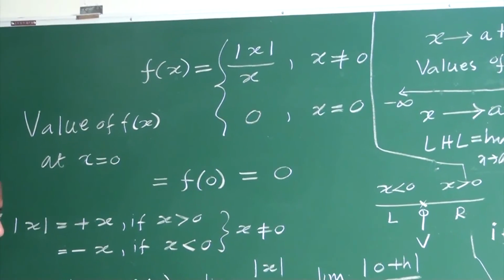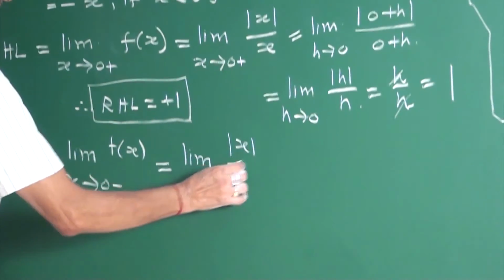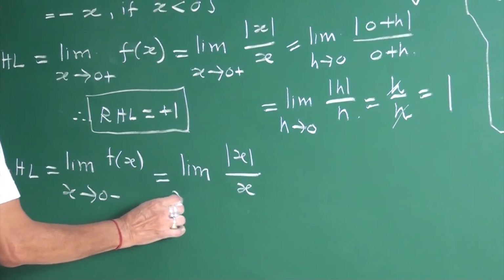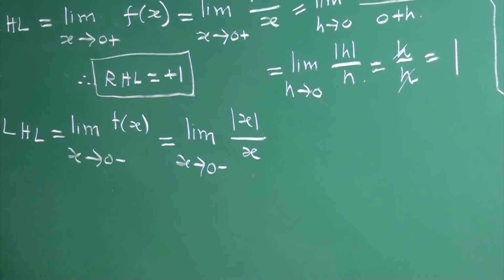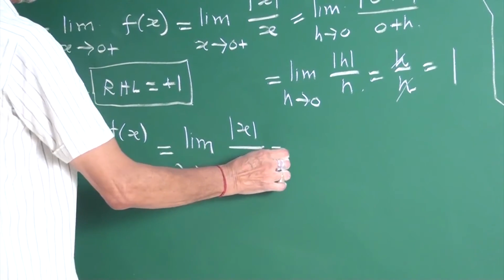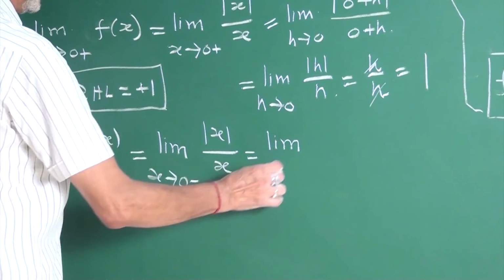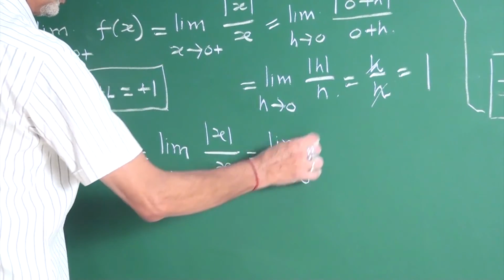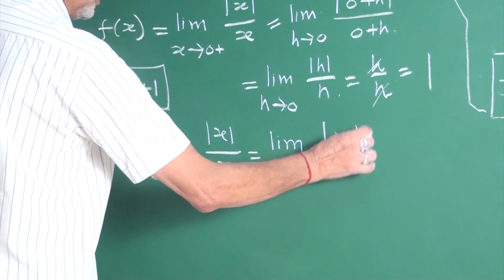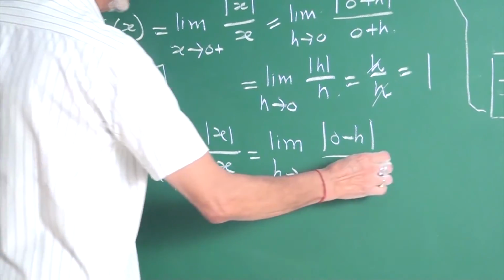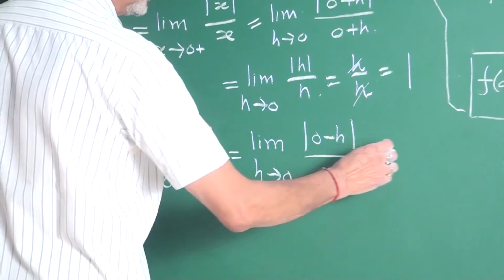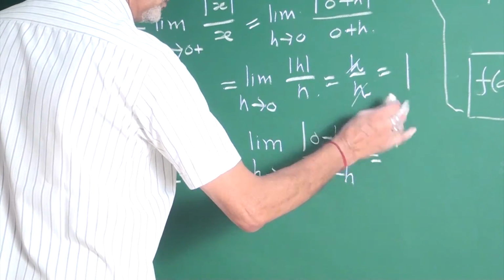It is mod x upon x as x tends to 0 minus. What is this? It is the limit as h tends to 0 of mod of (0 minus h) upon (0 minus h). It is mod of minus h.